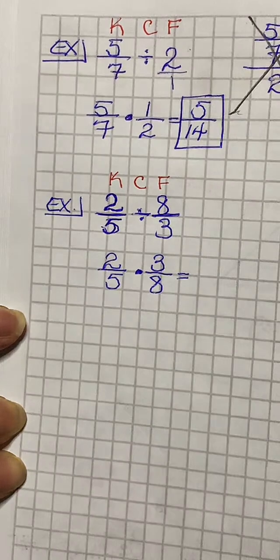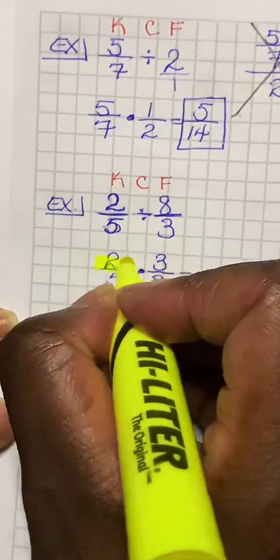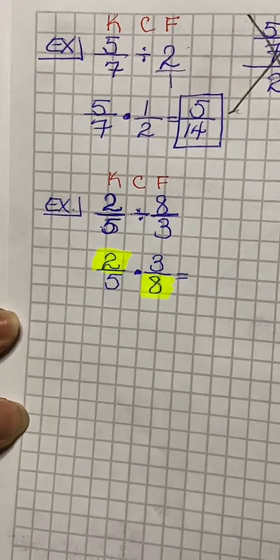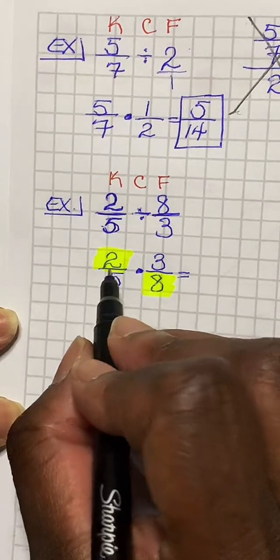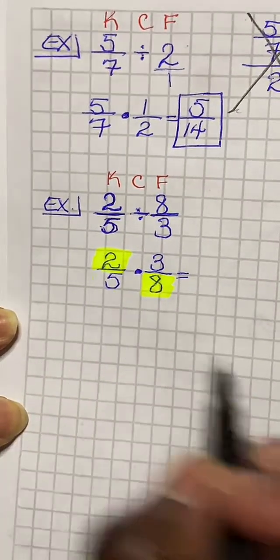If you notice, right here on the cross, no pun intended for Easter, we have 2 and 8. 2 and 8 can be reduced.